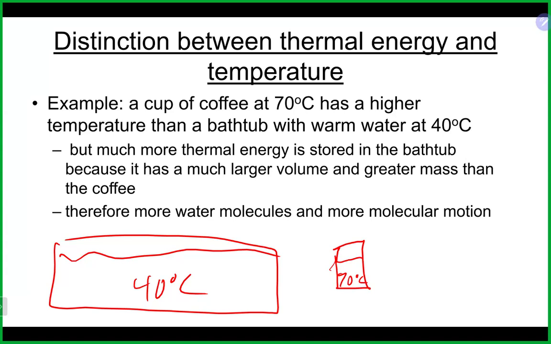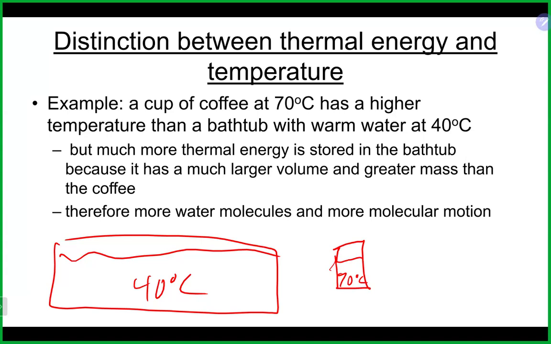We use temperature to measure what's happening with the energy, but it is not really what thermal energy is. The reason why the coffee cup has a higher temperature is there's a lot less water in there, so it takes a lot less energy to increase the temperature of it.